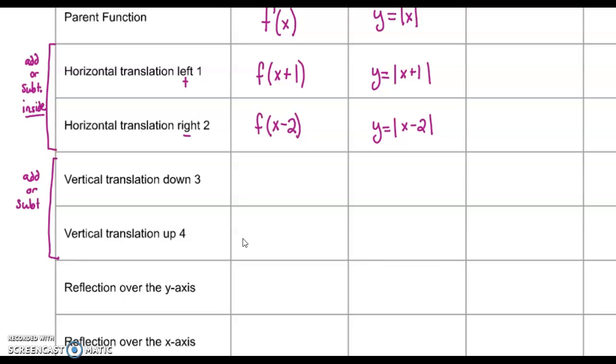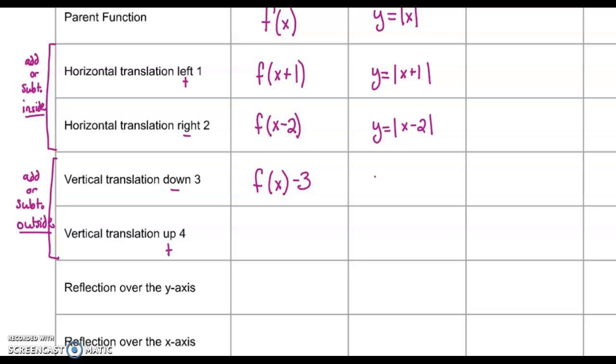You add or subtract outside. I'll show you what we mean by outside. Down is minus, up is plus, just like they should be. They don't feel backwards to me on the vertical ones. So if I want to go down 3, I write f of x and then minus 3. Do you see how the minus 3 is outside of the parentheses? That's what we mean by outside.